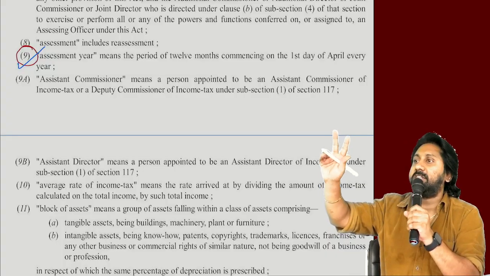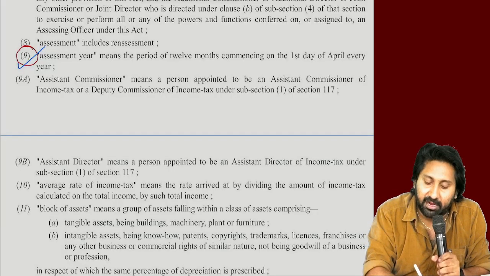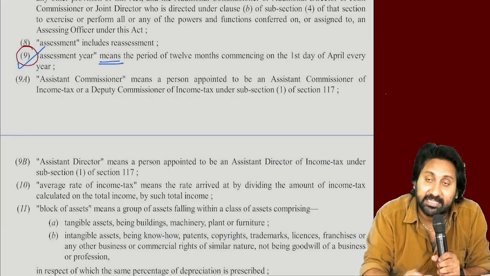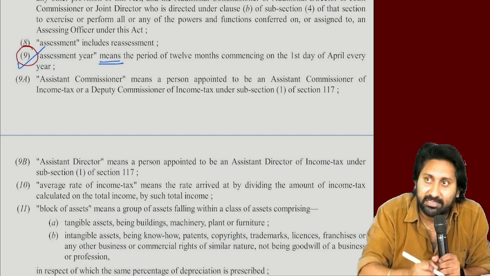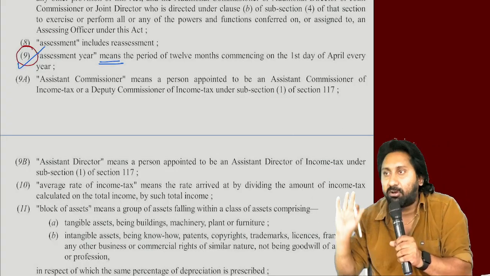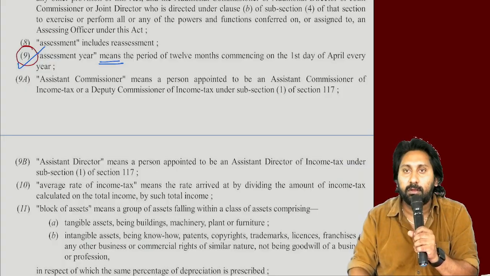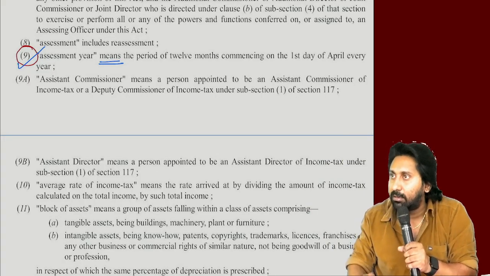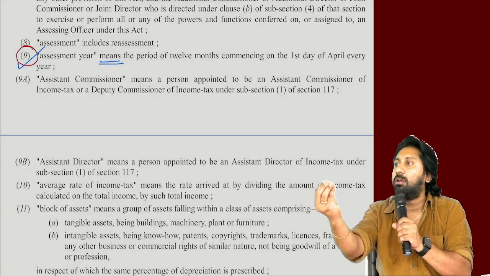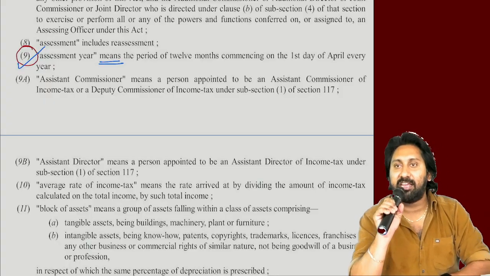Tell me both definitions: previous year and assessment year. What is assessment year? Assessment year means a period of 12 months. What do you mean by this? Only this is the assessment year; there cannot be an alternative assessment year. Assessment year will be made up of how many months? 12 months. Now I will ask one small question for you. Why did they not use the words financial year here?